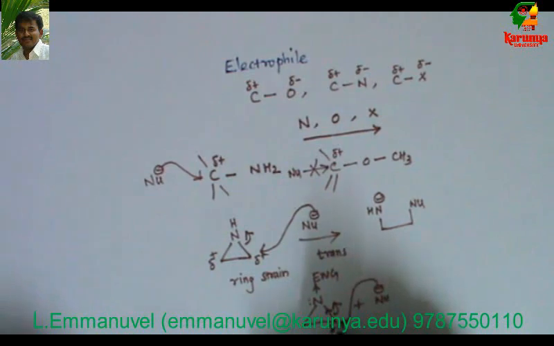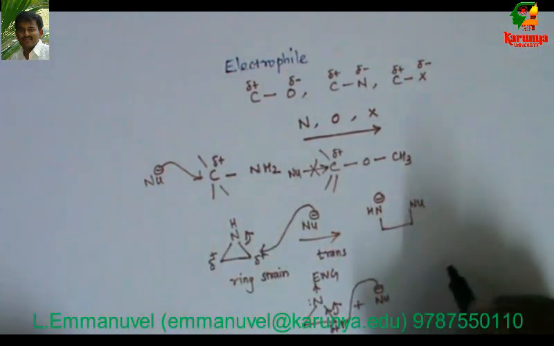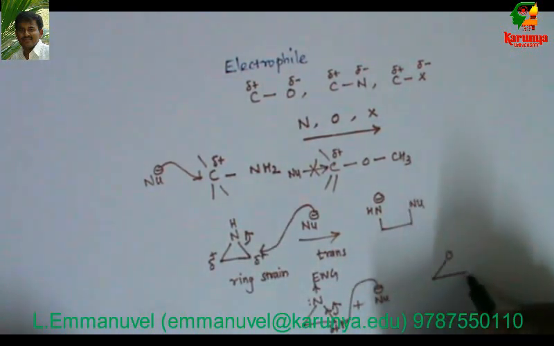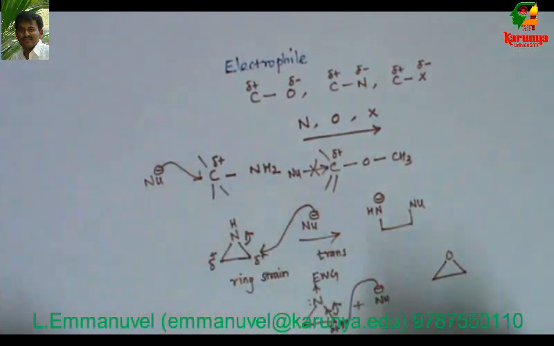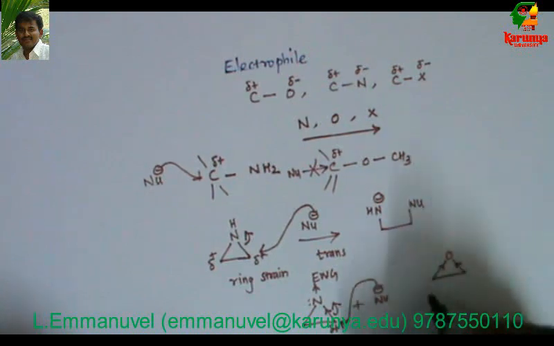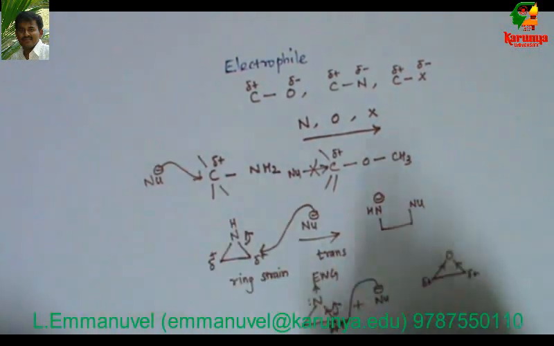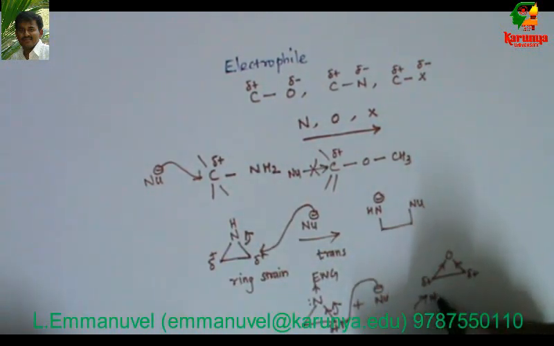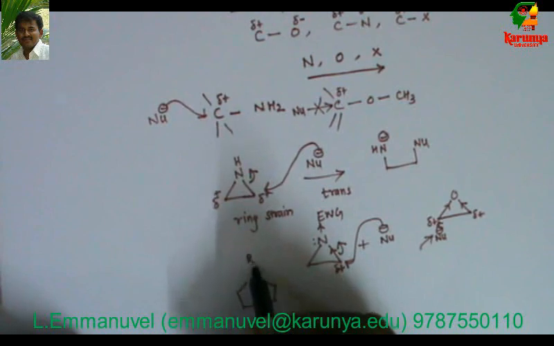So the del plus on this increases, so it can be easily attacked by nucleophile. Similarly, we have another functional group called epoxide. So because of this more electronegative oxygen atom, there is del plus on this carbon. So it can be attacked by a nucleophile. Suppose if the ring size is 5, like this.